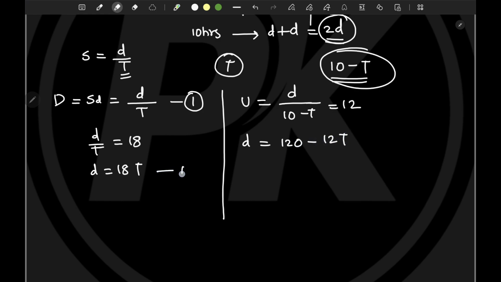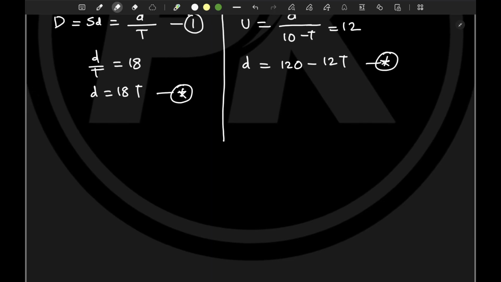Again, can you see that in this equation and this equation the distance covered in upstream and downstream is the same? So can I equate these two equations? I can. 18t is equal to 120 minus 12t.